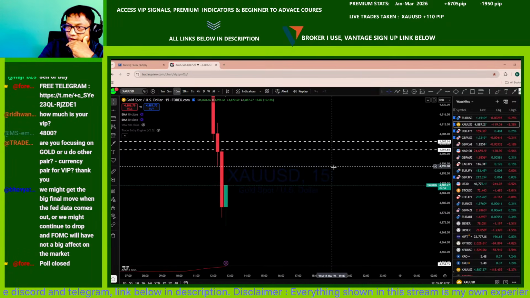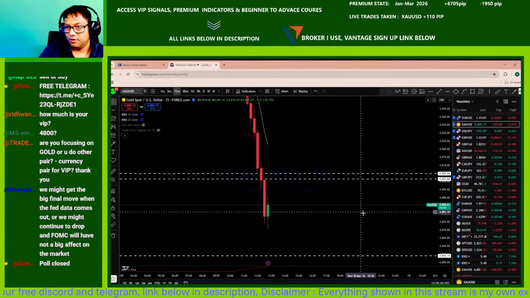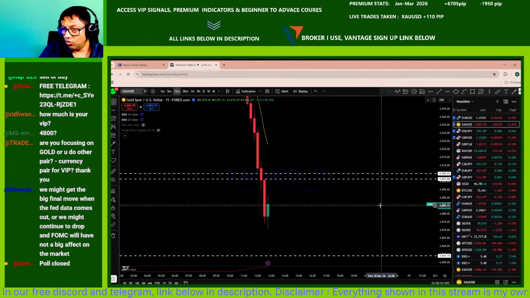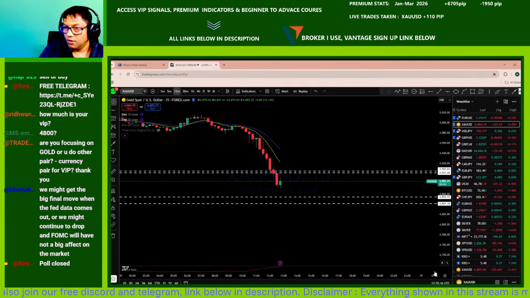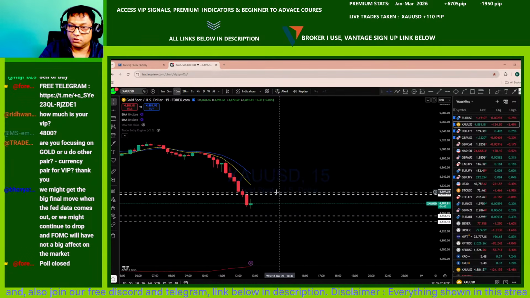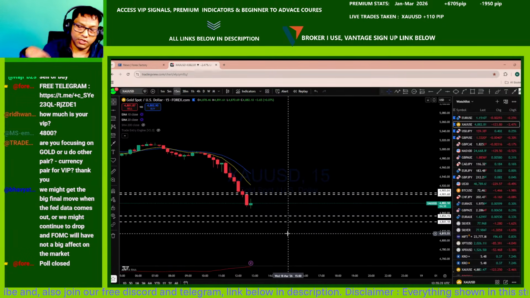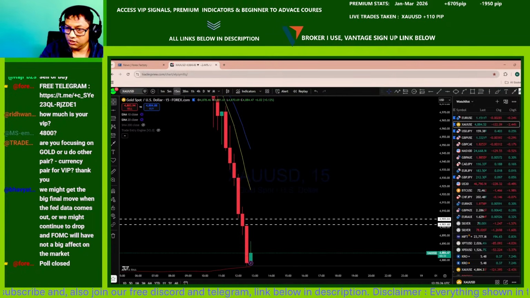If the 15 minutes is closing here with a narrow, half body, half wick, this is a strongly falling market. Otherwise, I would say that there is a higher chance for a drop. Let's see how the market creates its structure in this area here.